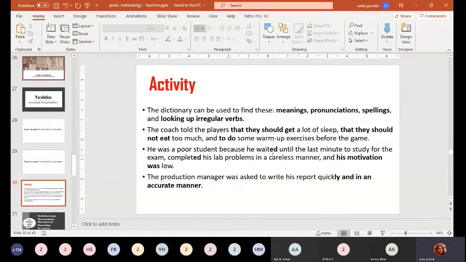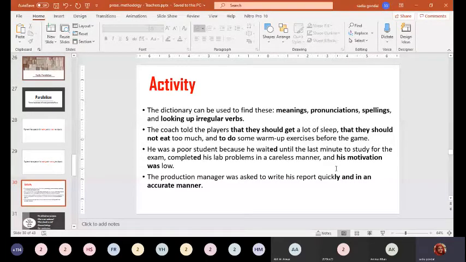Now notice this. We expressed our sentence with verbs ending with ed. Waited, completed. We should have also come up with a word over here that ended with ed. What could we have done? We could have used the word lacked, L-A-C-K-E-D, and lacked motivation.